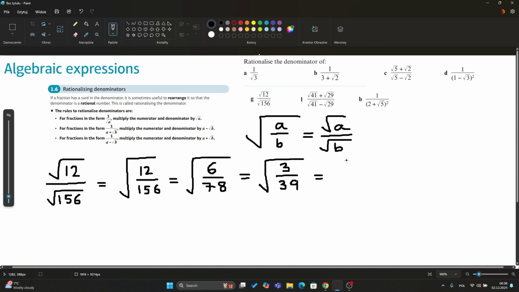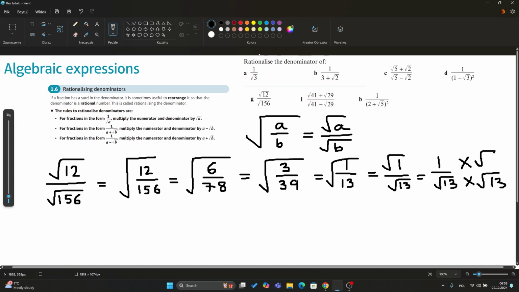And dividing it by 3 is 1 over 13. So now square root of 1 and square root of 13 is 1 over square root of 13. Now getting rid of the square root at the bottom is going to be square root 13 over 13.